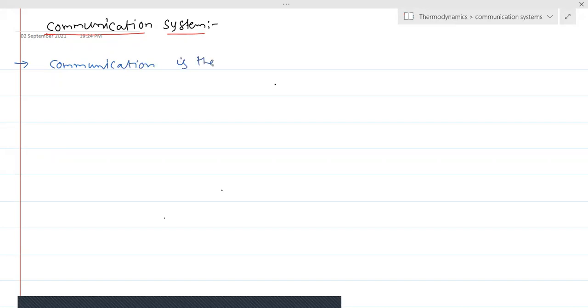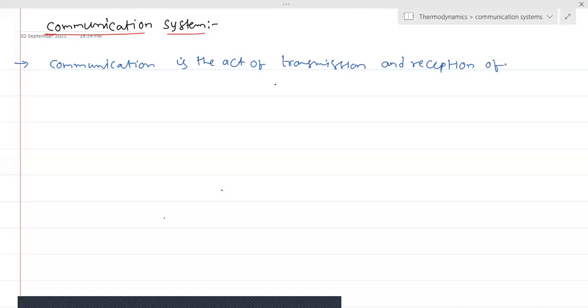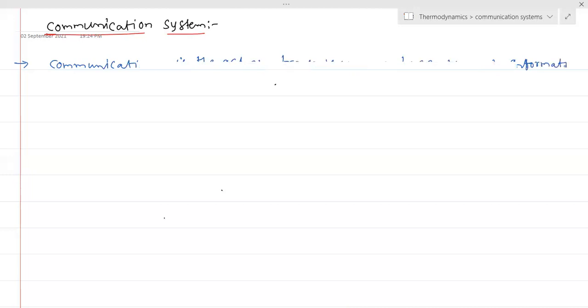Communication is the act of transmission and reception of information. That means we transfer the information from one place to another place, and we deliver it to the required persons.